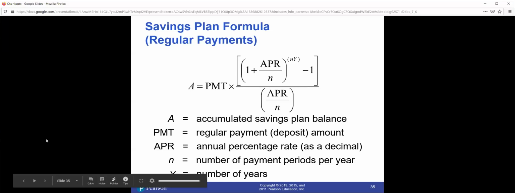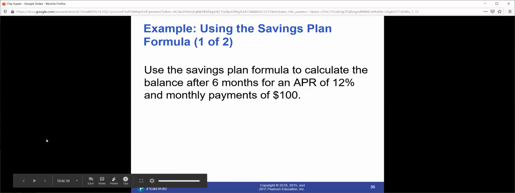So again, this should look familiar from previous equations. I understand if it's daunting at first, the more you use it, the more you find out this equation is not complicated. Let's use that as an example. We're going to use the savings plan formula to calculate the balance after 6 months for an APR of 12%, monthly payments $100.